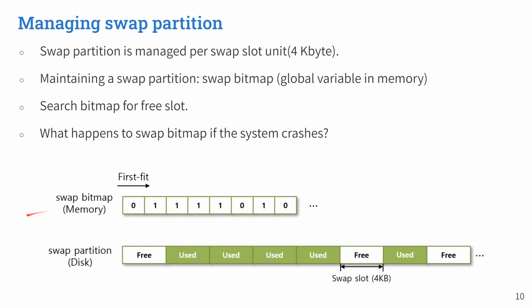This swap bitmap is managed in memory. So if the system crashes or the contents in the memory are gone, this swap bitmap will be gone as well. In that case, we don't know which swap partition is used or not. So we don't know whether this slot is free or not, which means our data in the swap partition is gone.